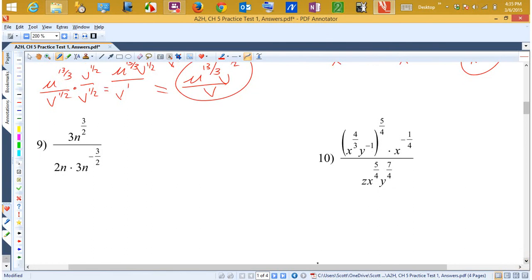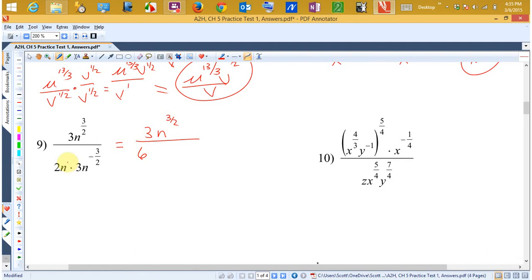Next one. I'm going to have 3 to the 3 halves, n to the 3 halves. Now let's combine the terms on the denominator. So I've got 2 times 3, well that's 6.